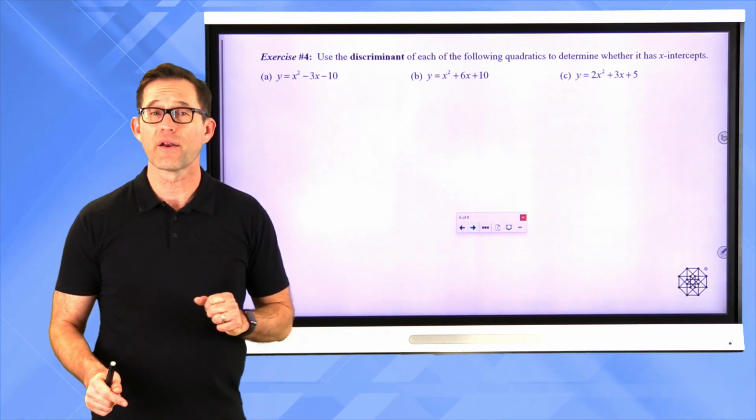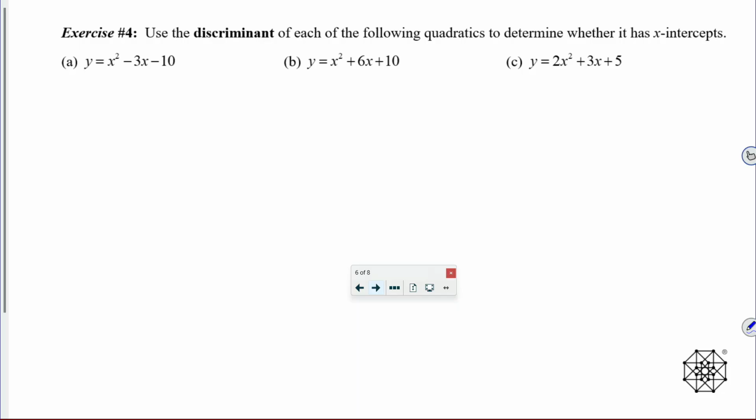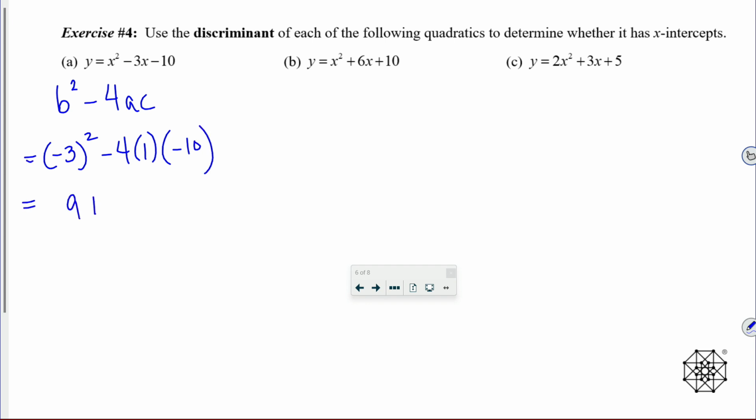So let's do that in letter A. I'm going to take a look at the quantity b squared minus 4ac. That's going to be negative 3 squared minus 4 times 1 times negative 10. That's 9 plus 40, and that's 49.